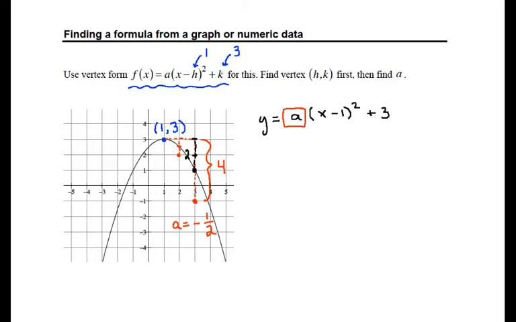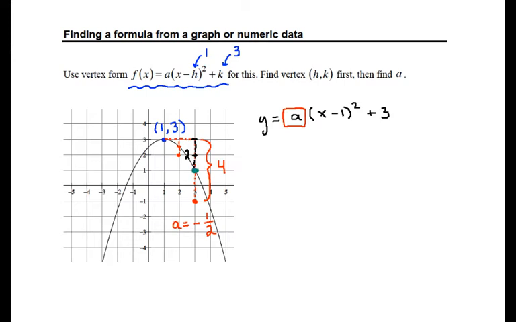So I can tell that just by examining the graph in comparison to the graph of y equals x squared or the graph of y equals minus x squared. However, if that's not a totally comfortable method for you, there is another way that's a little bit more computational, and that has to do with finding another point on the graph and plugging it in for x and y. Here's what I'm going to do.